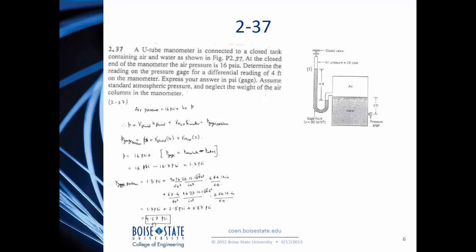So your final answer is 4.67 pounds per square inch. The reason we didn't have to consider this particular height of air is because they asked us to ignore the weight of the air column in the manometer.